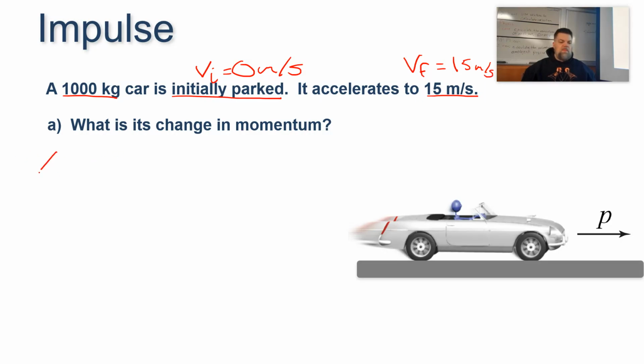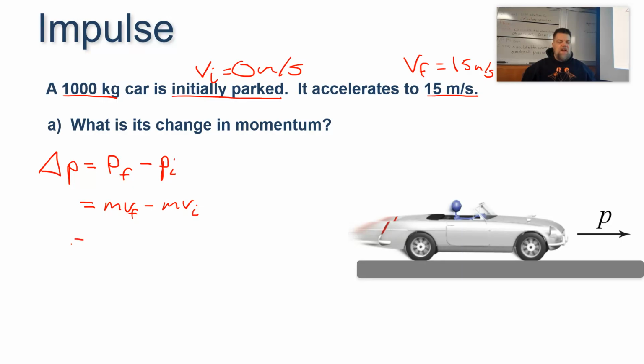All right, so remember that the change in momentum is P final minus P initial, or the mass of the car times the final velocity minus the mass of the car times the initial velocity.